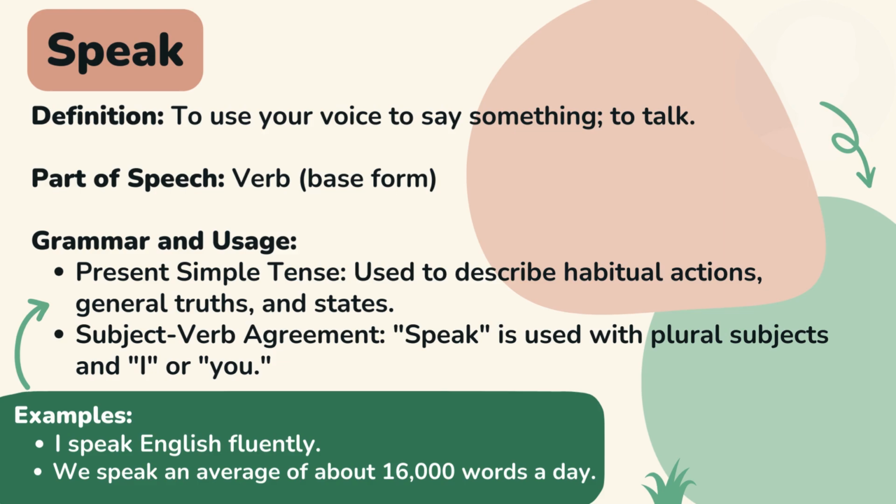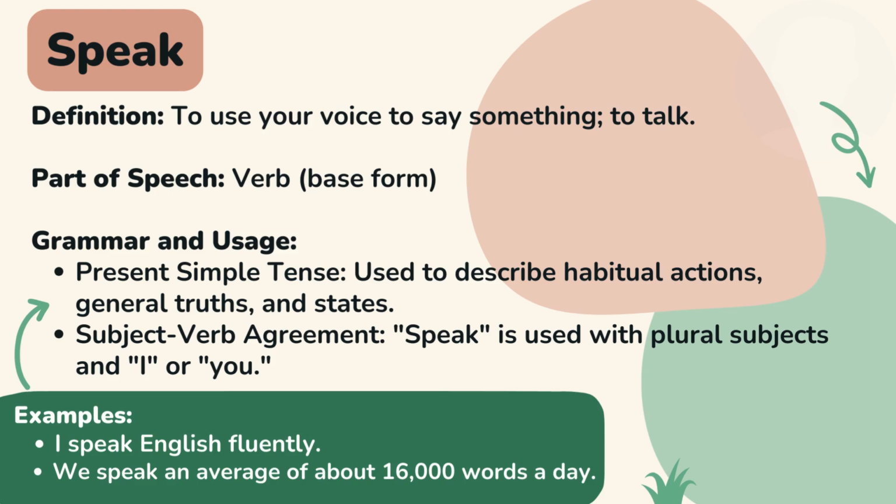Now, some common mistakes are he speak three languages. For the word speak and using the third person singular, he, she, and it, we need to add an S to the verb. So the correct form would be he speaks three languages.